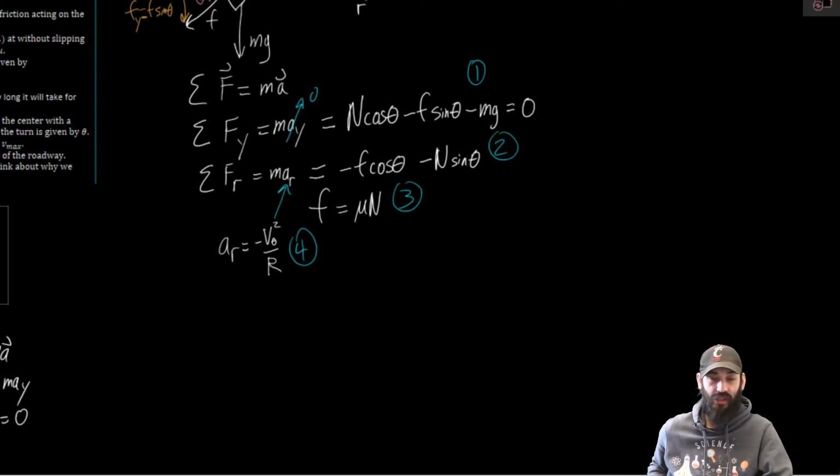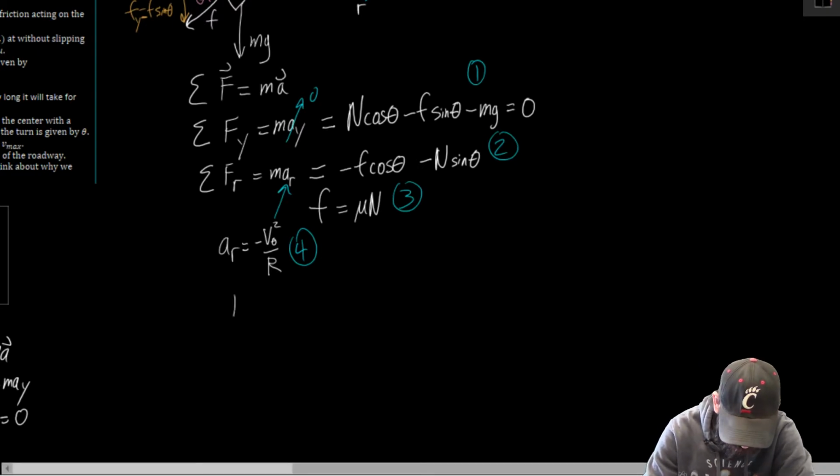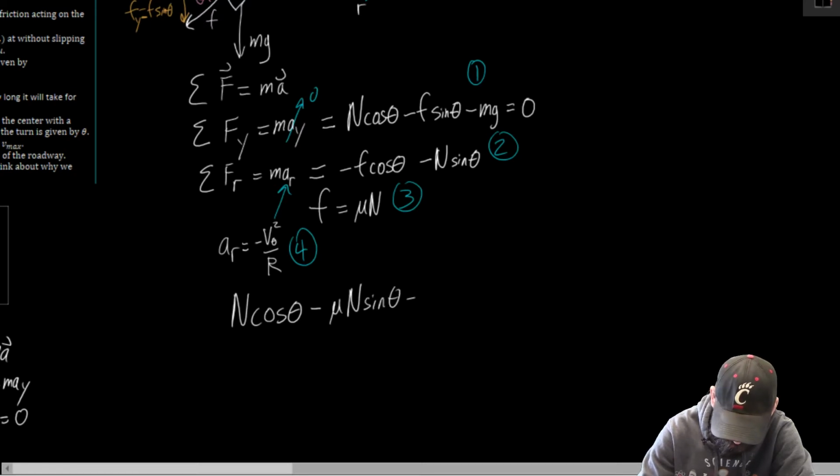And so the next step is to take this lowercase f is equal to mu times n and plug that into each equation. And then we're also going to plug the a sub r into the other equation. We'll see what we get. So when we do that, we're going to have n cosine of theta minus mu times n times sine of theta minus mg is equal to 0.